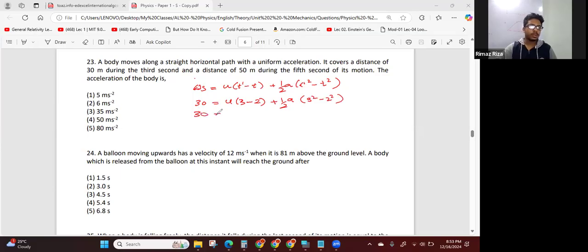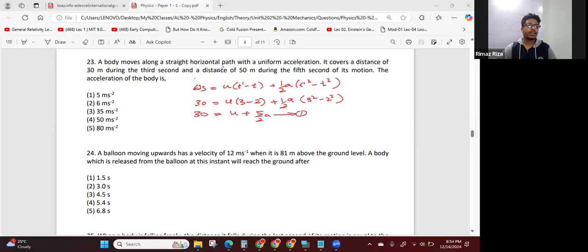So it will be 30 equals u plus half a times (9 minus 4), which is 5. So here I get simply 30 equals u plus 5 over 2 times a. So this is equation number 1.